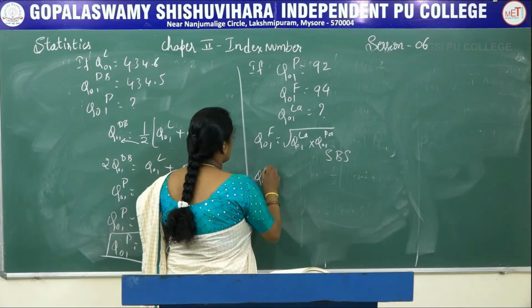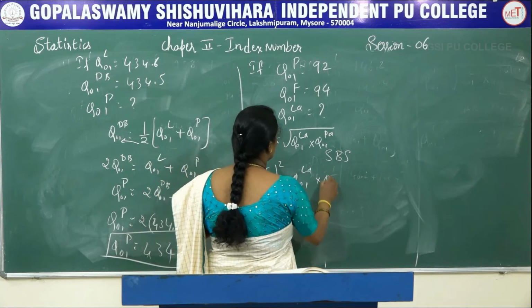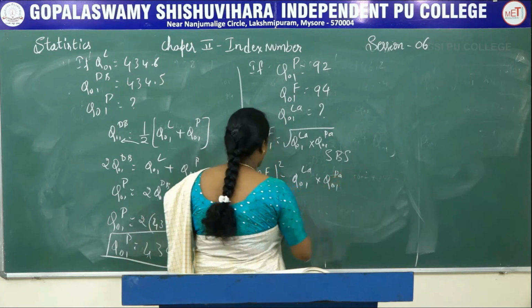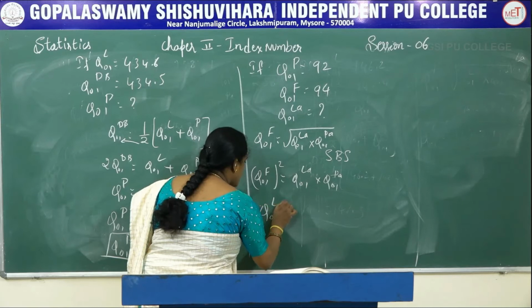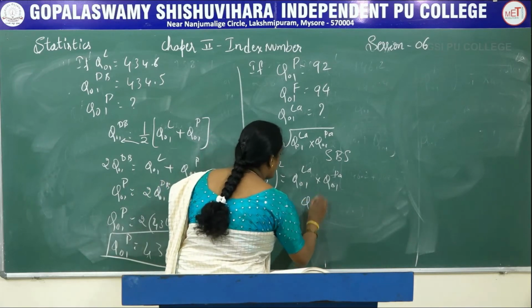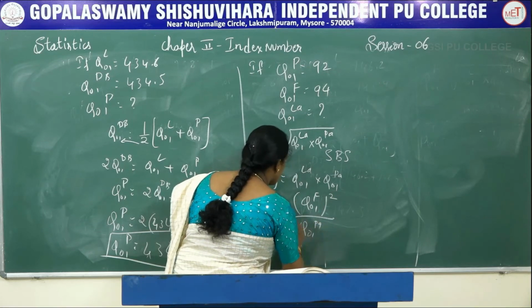So Q01 of Fisher's whole square is equal to Q01 of La into Q01 of Pa. Here we want to find Laspeyres. So Q01 of Laspeyres is Fisher's whole square divided by Paasche's.